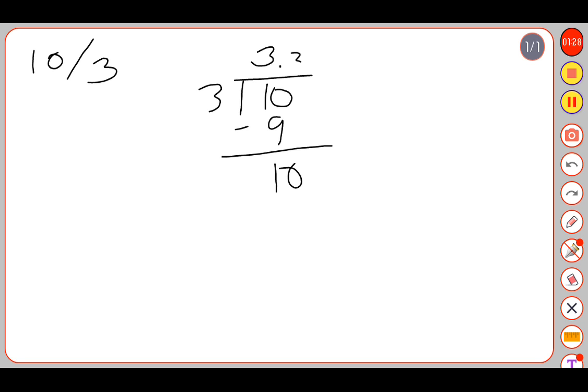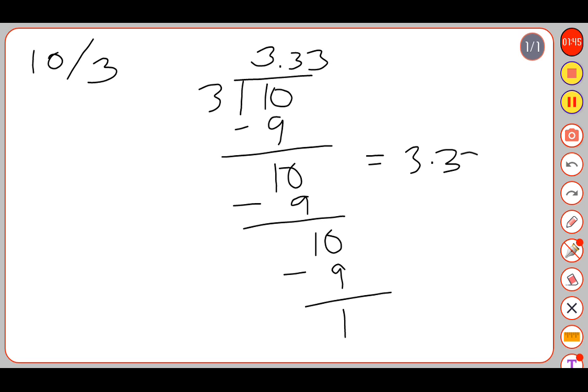Then again 3 3s are 9, minus 1, again 0, again 3 3s are 9. So this will repeat up to n times. So here we can write the quotient as 3.33 dot dot dot.